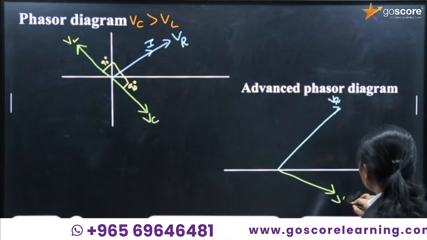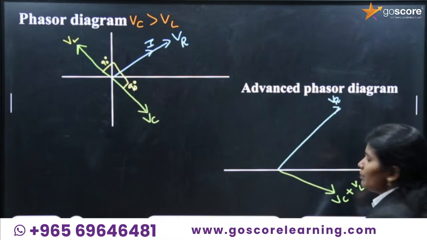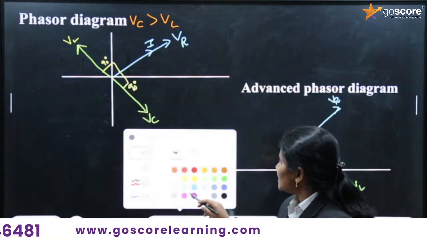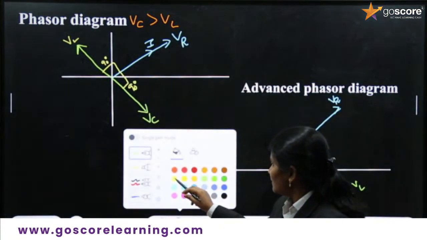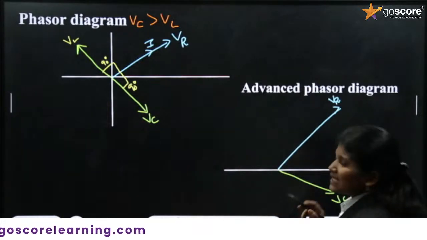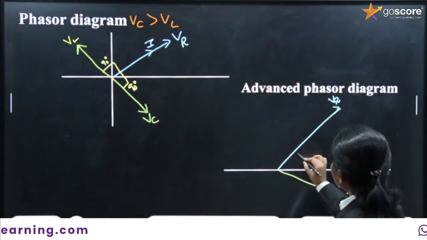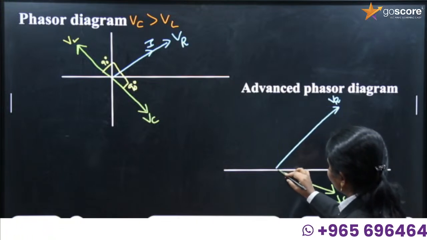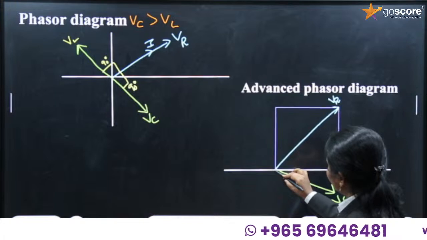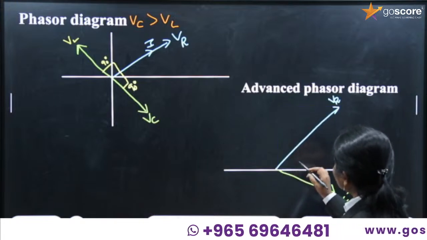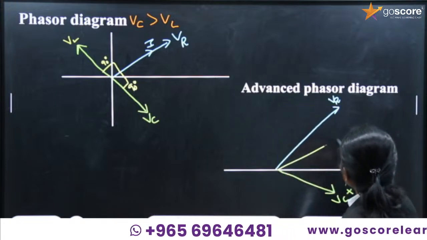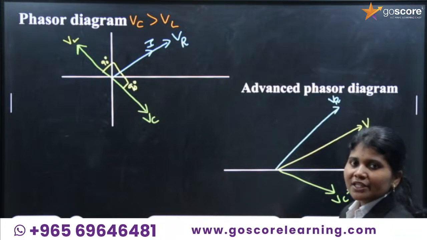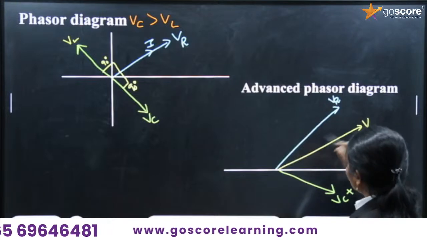Then both will be added, VC plus VL. What is the resultant voltage? I am considering this as the resultant voltage V.